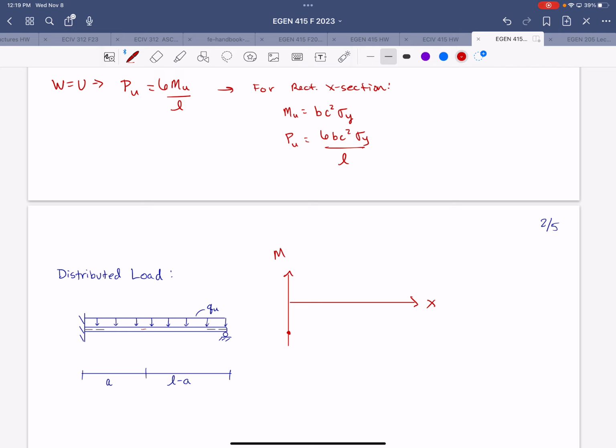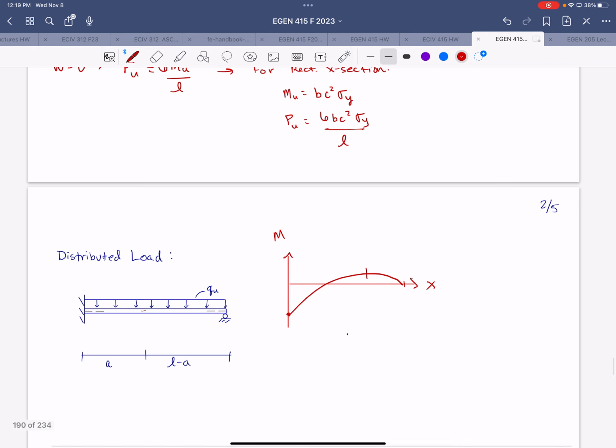And that's the roller support. It would look something like this, where we would have a maximum positive value somewhere in the span, but we don't know exactly where.